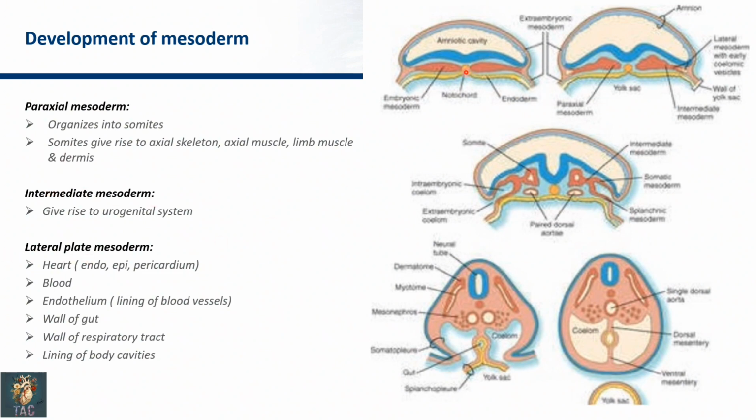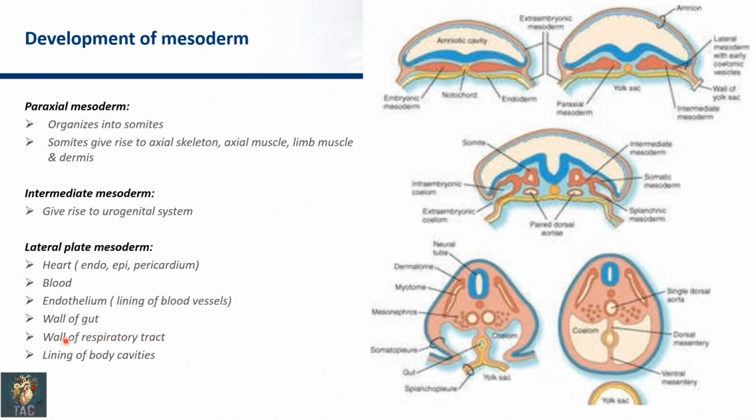This paraxial mesoderm, which is present around the neural tube and notochord, organizes itself into the somites, and it gives rise to the axial skeleton, the axial muscles, the limb musculature and dermis. The intermediate mesoderm gives rise to the urogenital system, and lateral plate mesoderm will form the heart, that is its endocardium, the epicardium and the pericardium, the blood, the endothelium, the wall of the gut and the wall of the respiratory tract.